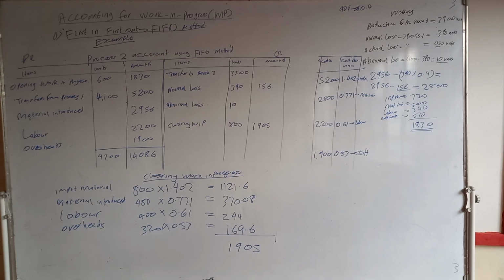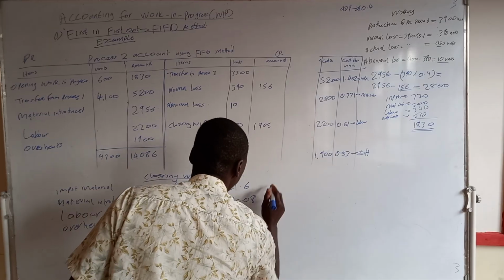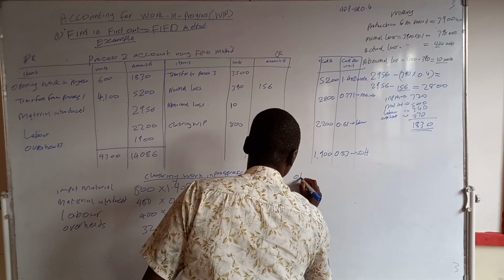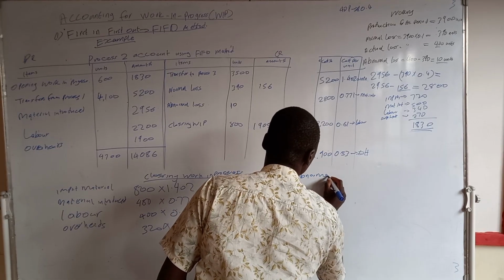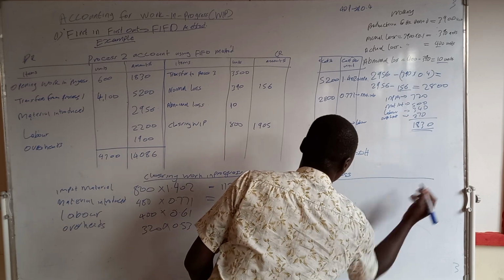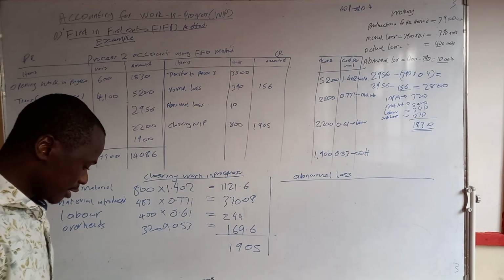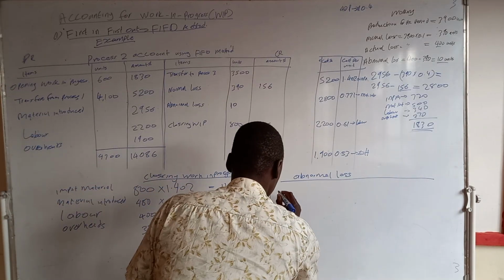What else? We have abnormal loss. Now on this side we do abnormal loss, the same process. We have input materials.